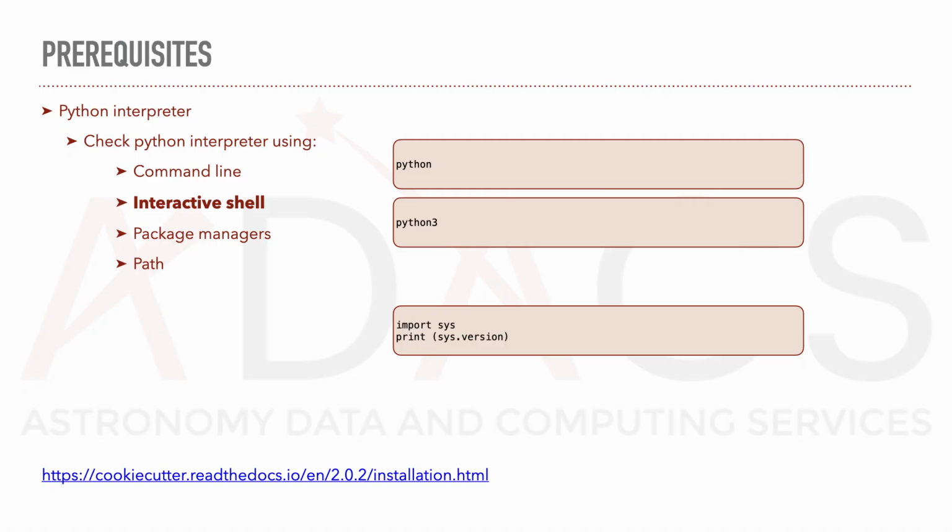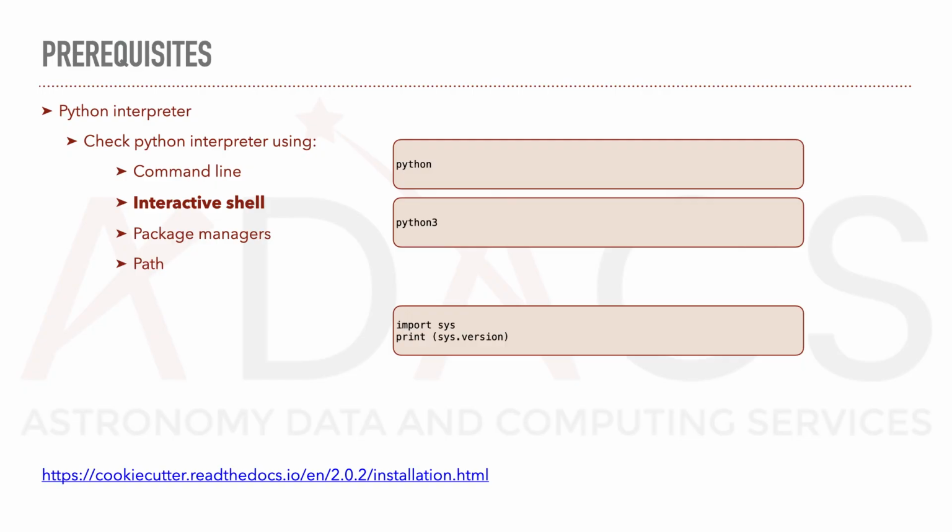Another way to check for your Python interpreter is using an interactive shell. To do this, in your terminal, type python or python3, and that should open an interactive shell of Python if it is installed. If it isn't installed, you should be getting an error, which will tell you that you'd have to install Python on your machine.